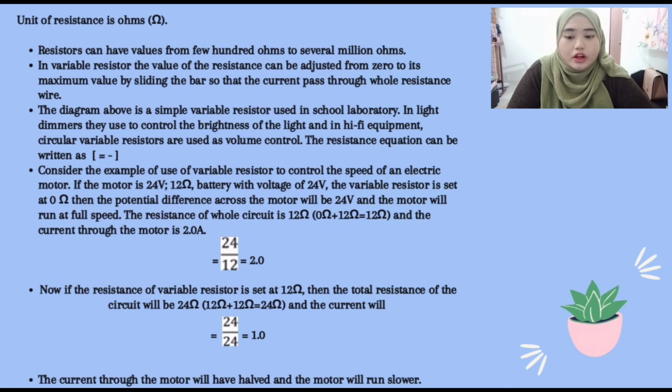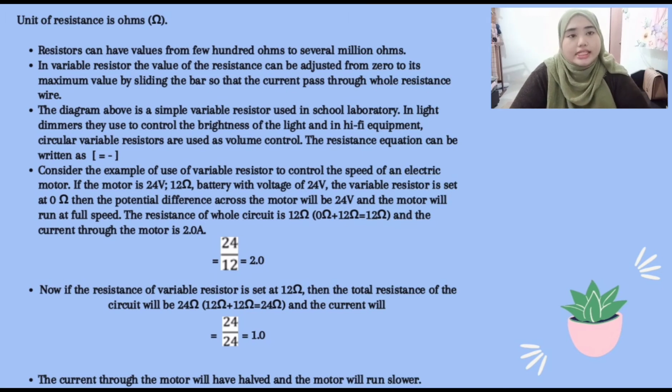Consider the example of use of a variable resistor to control the speed of an electric motor. The motor is 24 volt, 12 ohms, with a battery with a voltage of 24. The variable resistor is set at 0 ohms. Then the potential difference across the motor will be 24 volts and the motor will run at full speed.